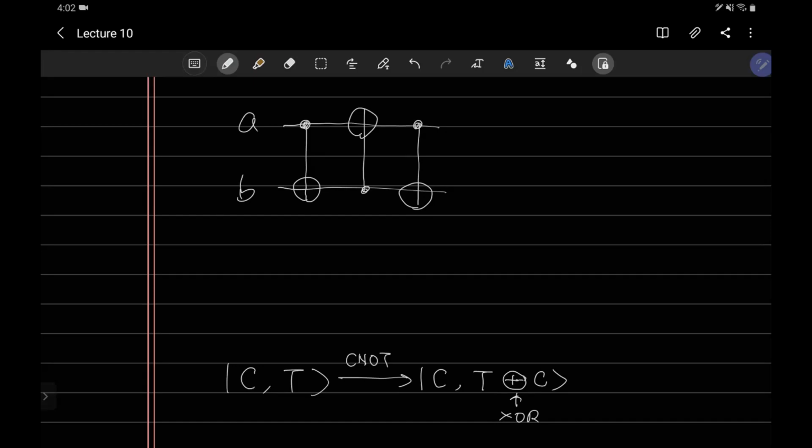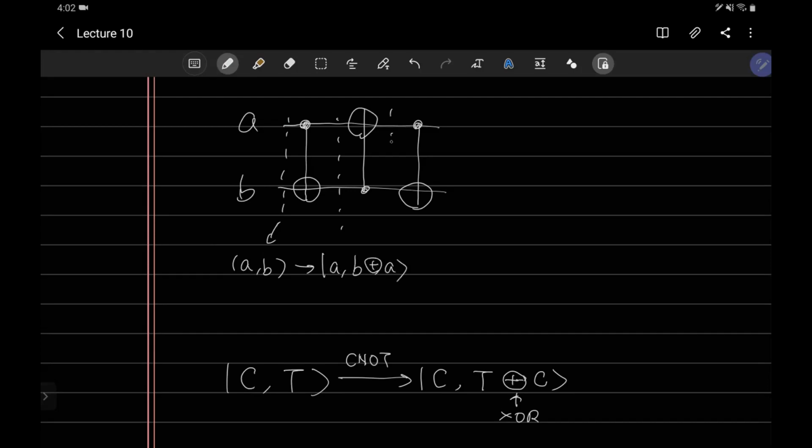So let's think about what happens here. Here we can represent that at this point the quantum state looks like just a, b. And what happens right after the first CNOT gate? We can use this notation, and it will be expressed in this way.